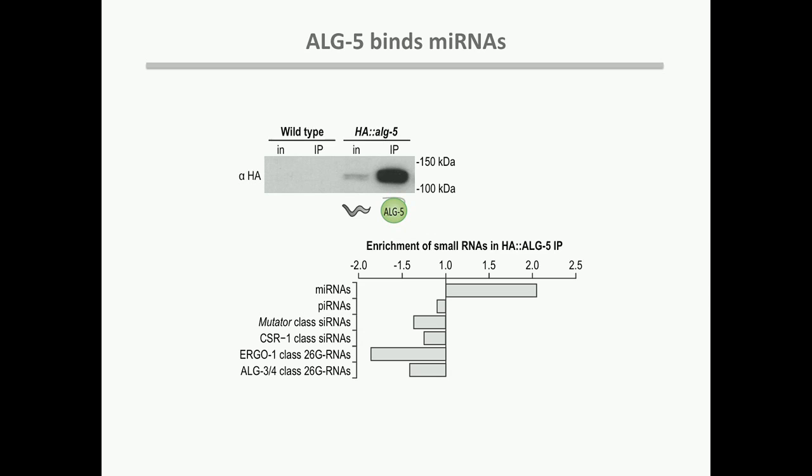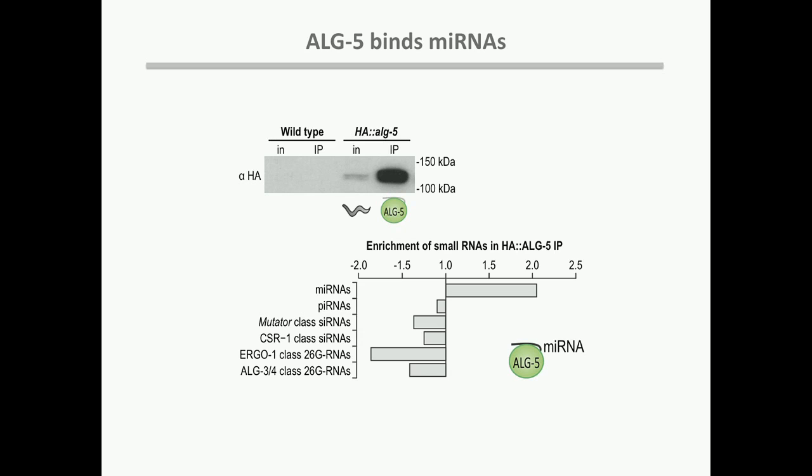Now, to account for contamination of small RNAs from the cell lysate in the IP fraction, we look for enrichment of small RNAs in the IP relative to the cell lysate. And what we find is that microRNAs are enriched around 2-fold, but every other class of small RNAs is depleted. So this places ALG-5 in the microRNA pathway.